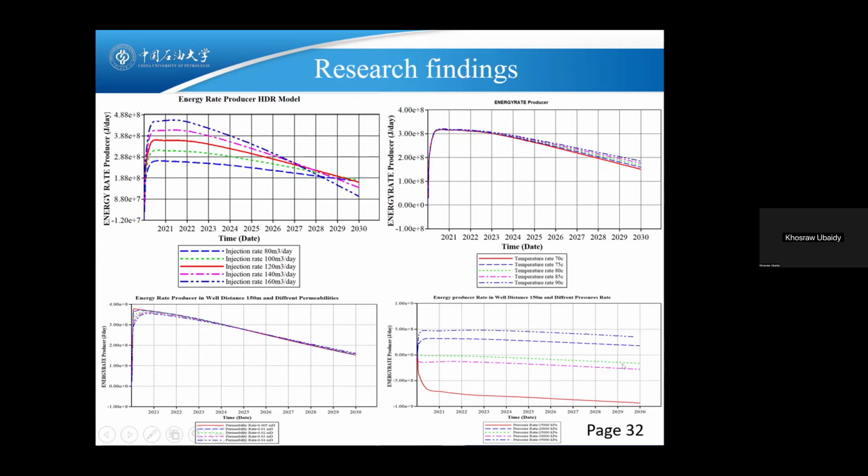So we can find out here the optimal is injection rate of 100 meter cubic with 80 degree Celsius, which can keep the reservoir pressure in stable mode.